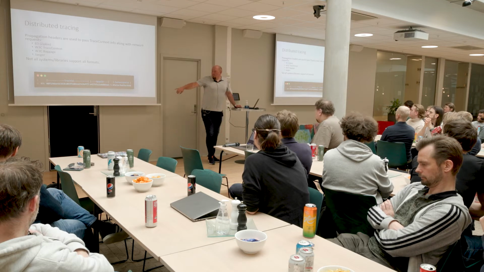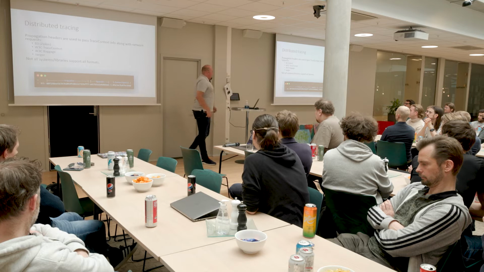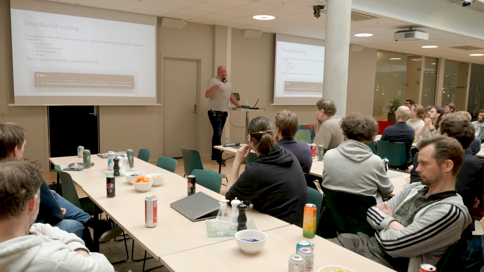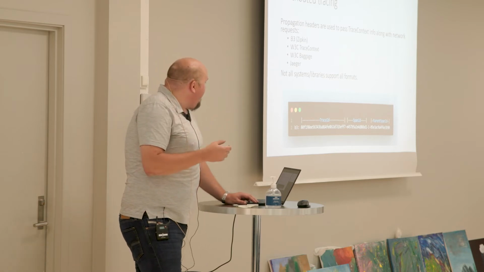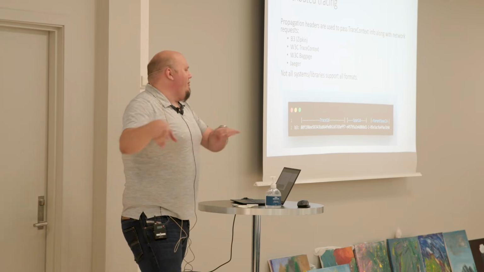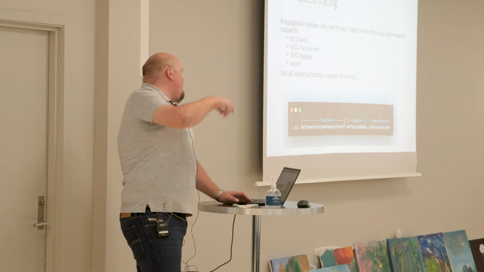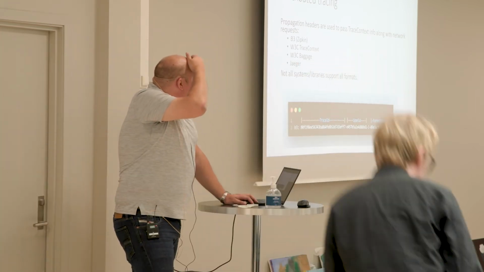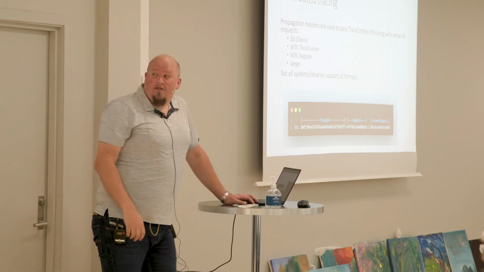Then you have a single number, in this case 1, that is the sampling decision: 0 means you shouldn't sample, 1 means you should sample, and you can have a deferred value that says be ready to sample, but let somebody else decide if you should sample this request. And lastly, you have a reference to the previous span, so you can make a graph of all of this. It's the same with Jaeger and W3C. Everybody has HTTP headers that do the same thing, but in different formats.